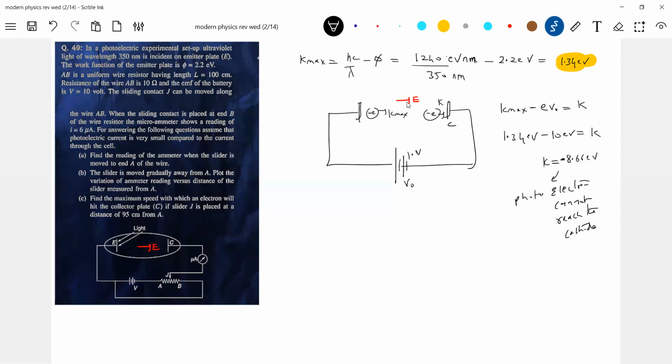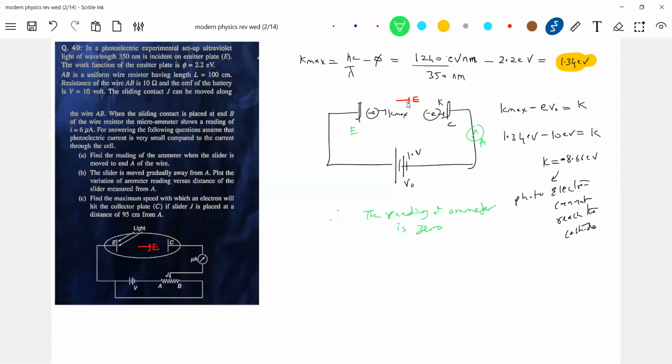Therefore, the maximum kinetic energy electron itself is unable to reach. So what about the other ones? Definitely the current will be 0. No current will flow through the emitter. Okay, fine, so this is the condition. She has just brought some idea, nothing else there.